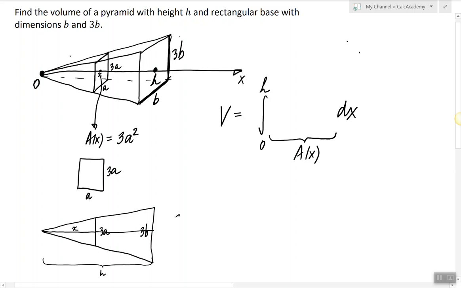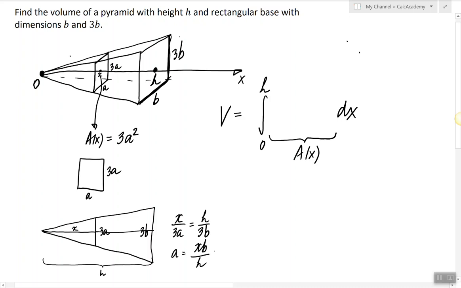Due to similarity, x over 3a is the same as h over 3b. Therefore, a is equal to xb over h.